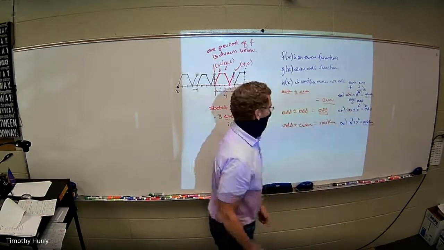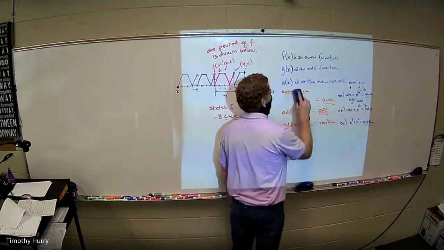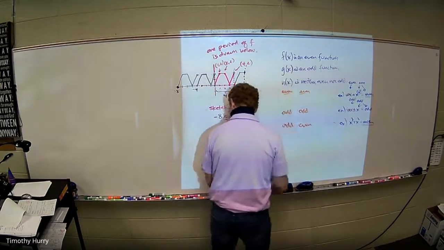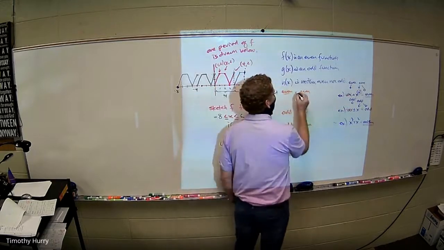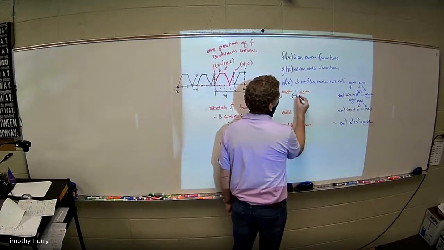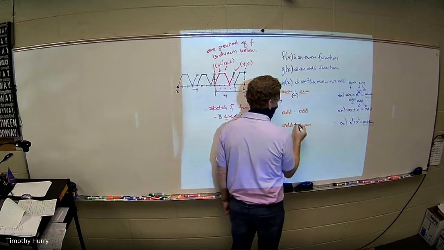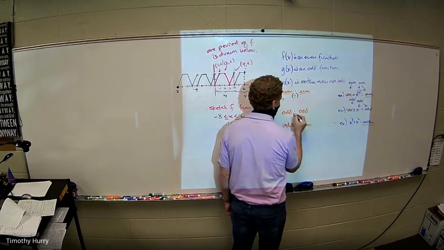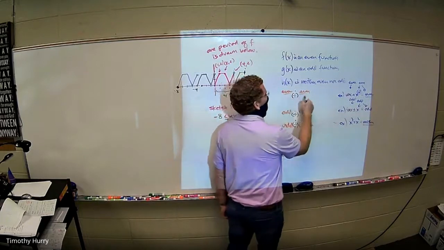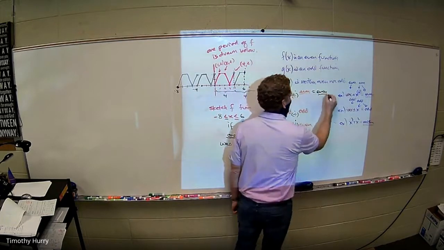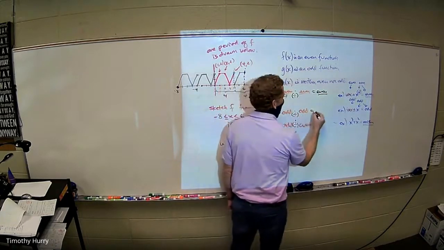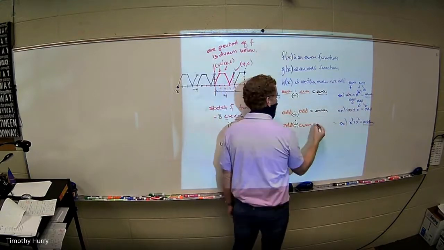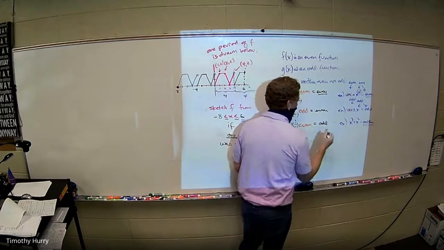All right? Now, when it comes to multiplying, check these out. See if you can see the pattern. If I'm multiplying or dividing, doesn't matter: even, even, even; odd, odd, even; odd, even, odd.